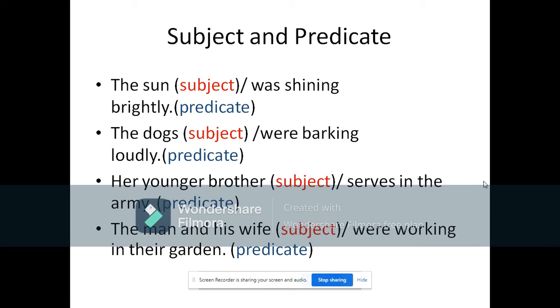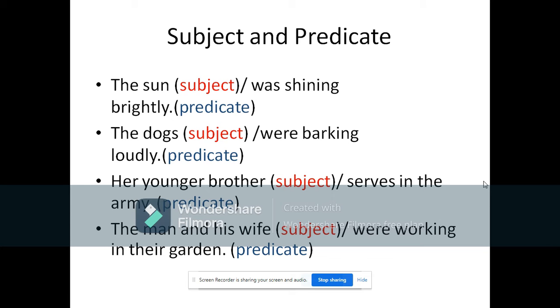Subject and predicate. How will you identify the subject and predicate? The sun was shining brightly. The sun is the subject, was shining brightly, predicate. The dogs were barking loudly. The dogs, that is the subject, were barking loudly, predicate.